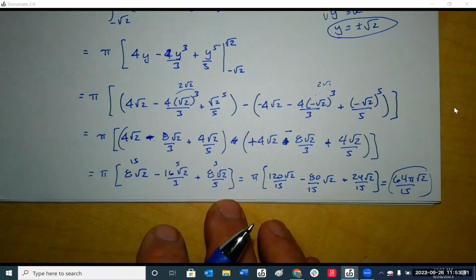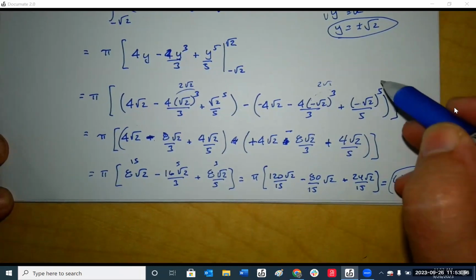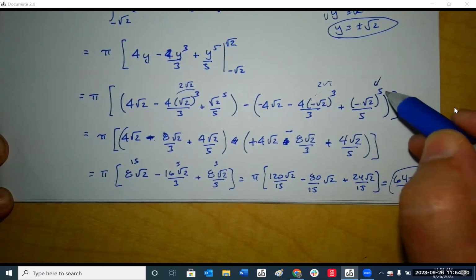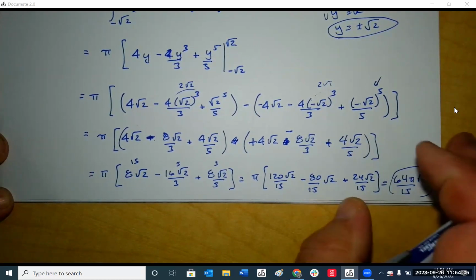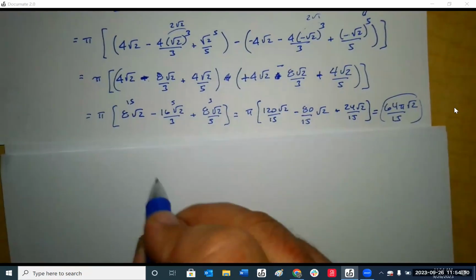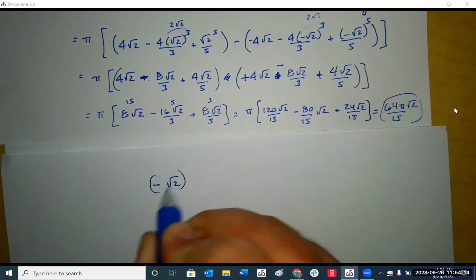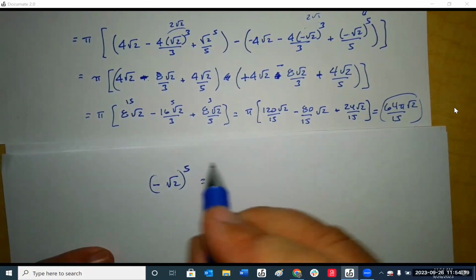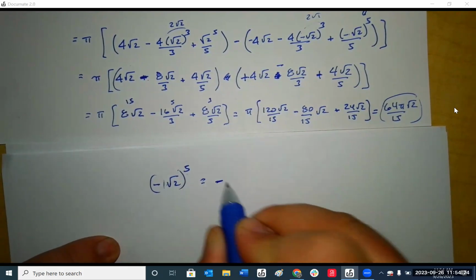Again, it's all algebra. If you want, did everybody know how I got from negative radical 2 to the 5th to 4 radical 2? Let me show you. So negative radical 2 to the 5th. First off, negative 1 to the 5th is negative 1.